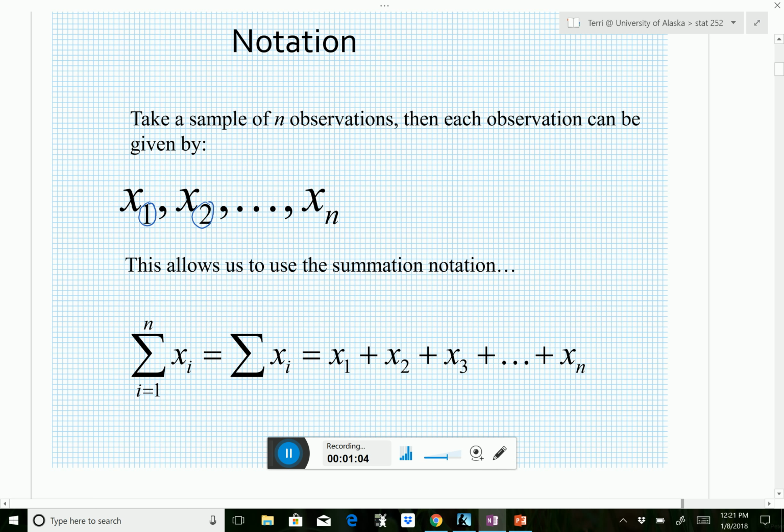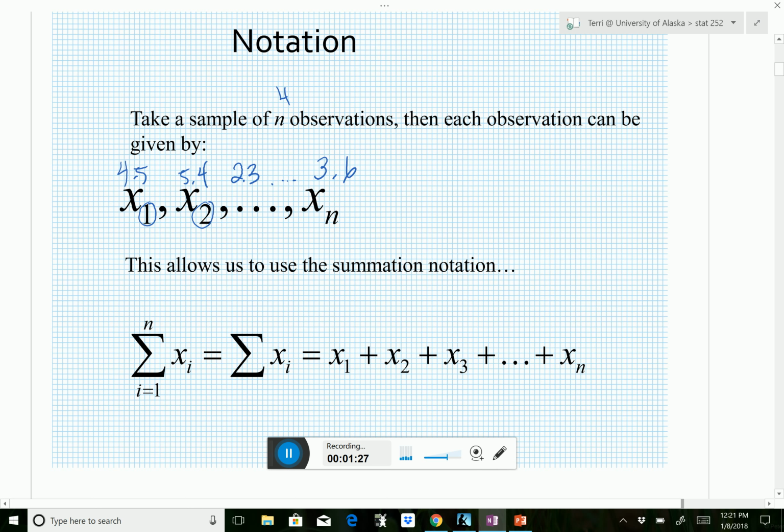The first observation might be 4.5, the second 5.4, the third 2.3. They don't have to be in order, and the last one is 3.6. So this is x1, x2, x3, and x4. If I have 4 observations, that's what they would be.